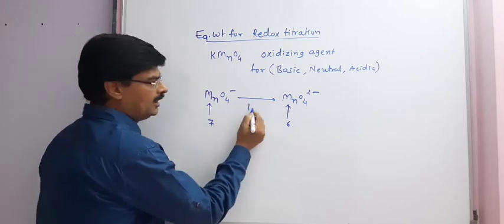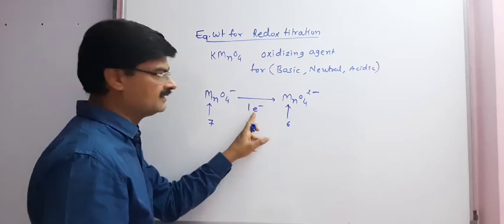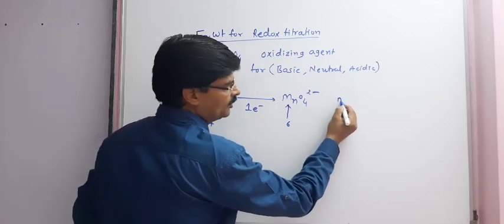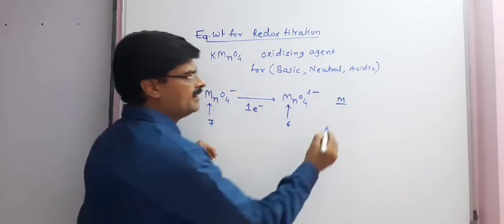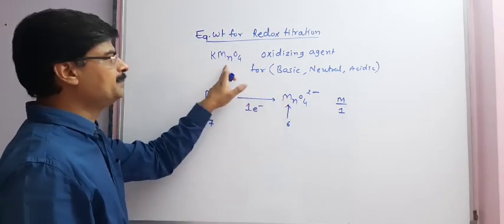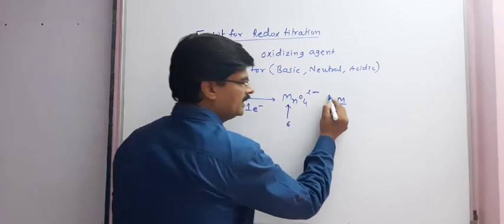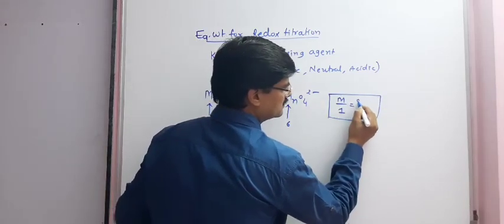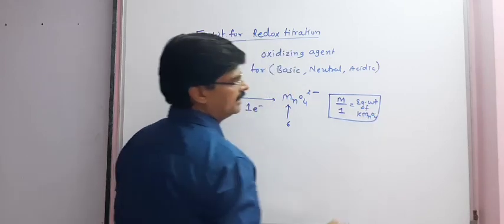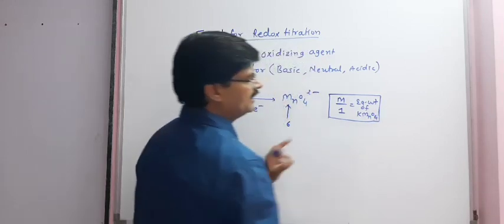So only one electron changes, and because of that, KMnO4 molecular mass, suppose it is M, is to be divided by 1 only. So once more, if KMnO4 is working as an oxidizing agent in basic medium, then equivalent weight of KMnO4 is obtained when its molar mass is divided by 1.